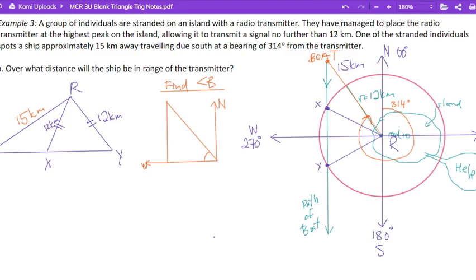How much is left here? I got 30 plus, I got 44 degrees right here. This is 44 degrees, this is a 90-degree angle, and as such, angle B is going to be 180 minus 90 minus 44, and that is 46 degrees.